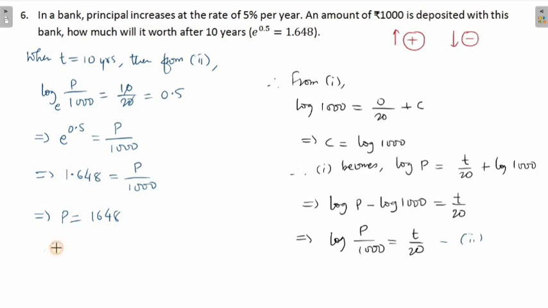Therefore the principal after 10 years becomes rupees 1648. So this will be your answer for this particular question. Pause the video and note it down.